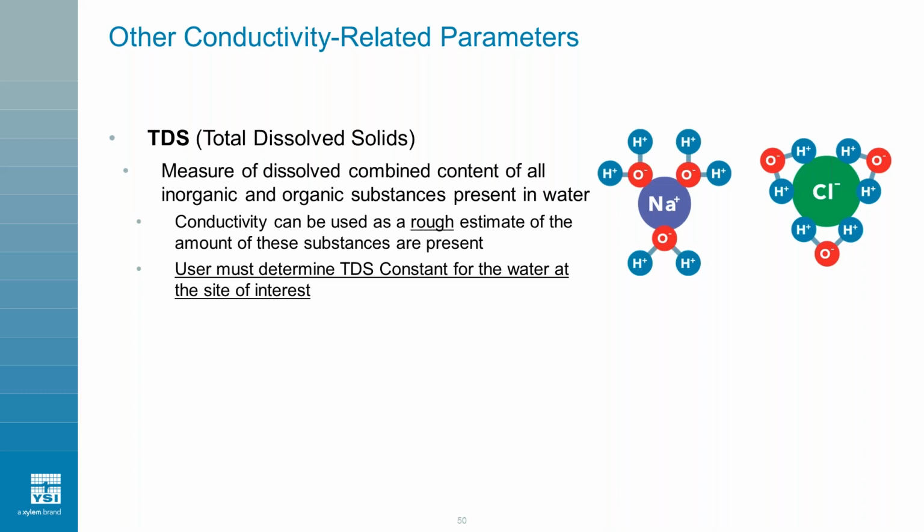If you're using our instruments, there's a TDS constant, so it is very important to find the TDS constant of the water being measured. I want to bring this up because I want to make sure people are actually using this parameter correctly. YSI instruments have a default TDS constant, but it really should be updated to get truly representative and meaningful data. You can refer to the instruction manual of our instruments to figure out how to properly update and determine the TDS constant for any given sample.